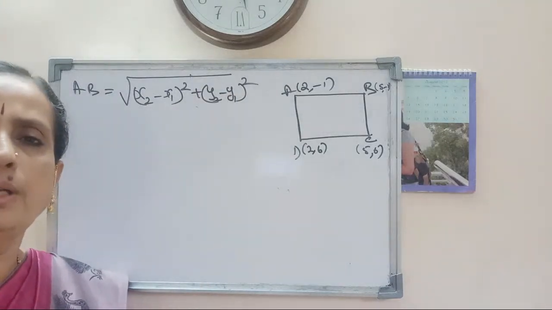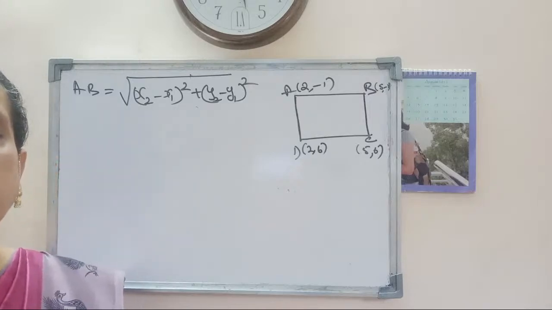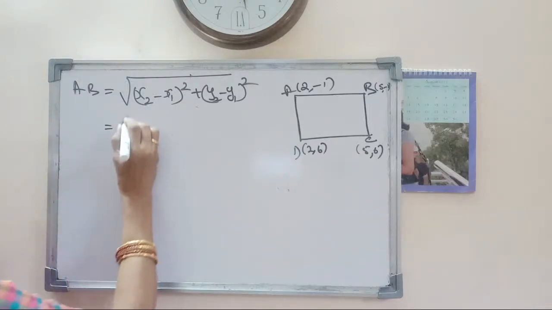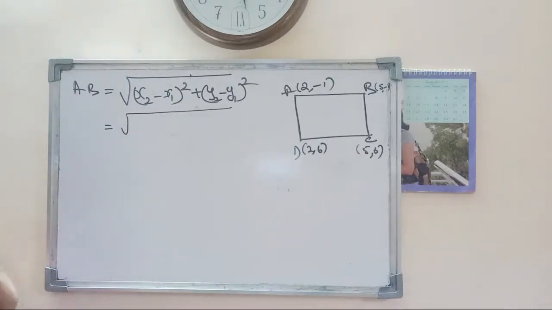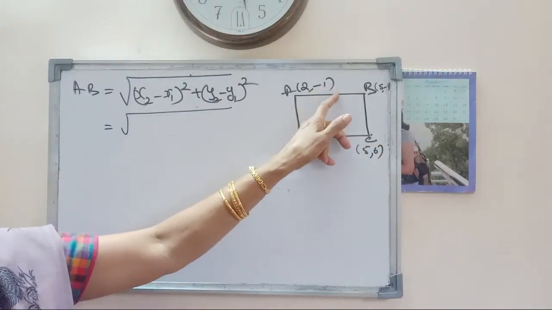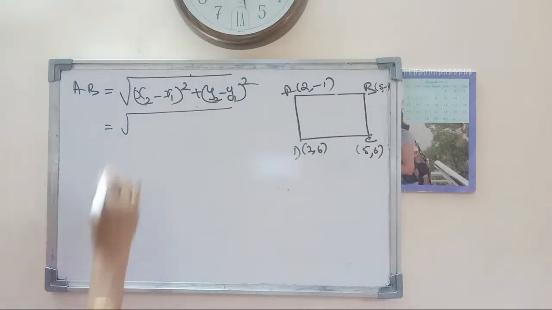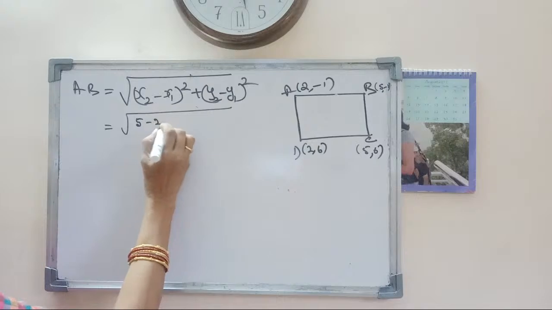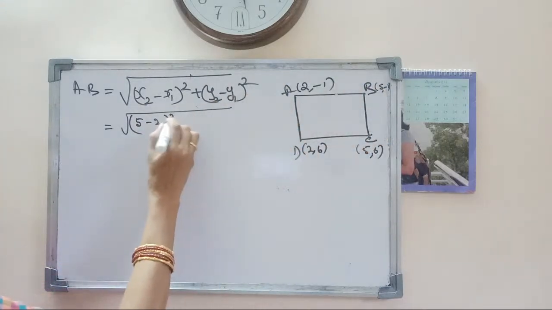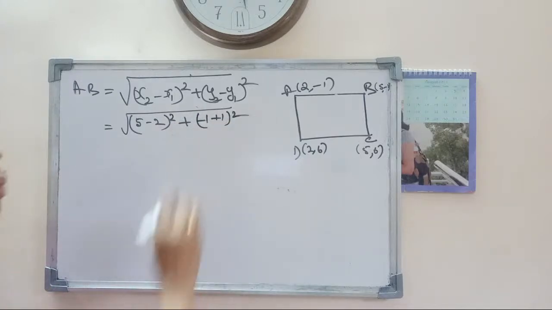Is it clear to you? See the ordered pairs of AB, x1, y1, x2, y2. That is root of (x2 minus x1) whole square plus (y2 minus y1) whole square.